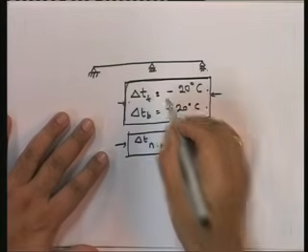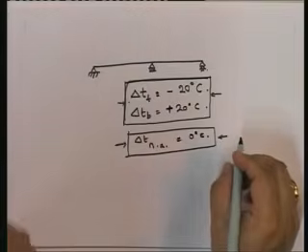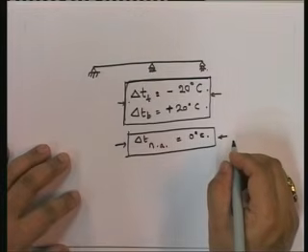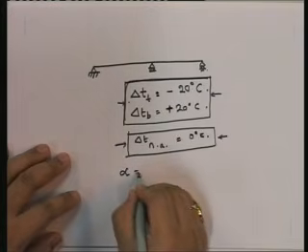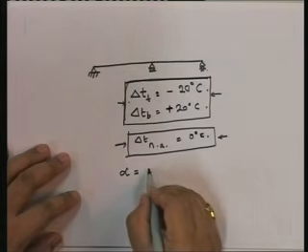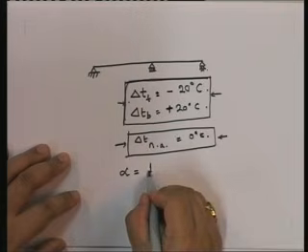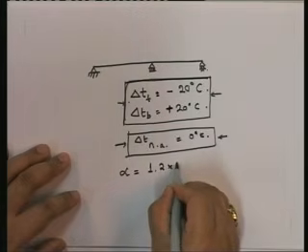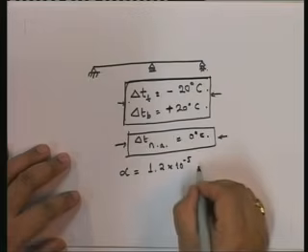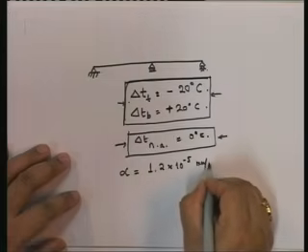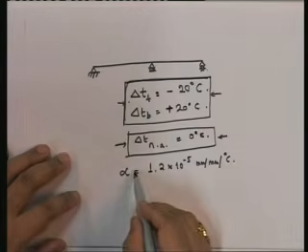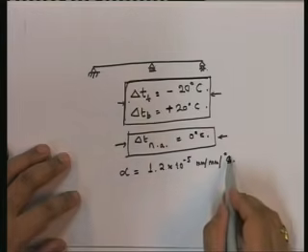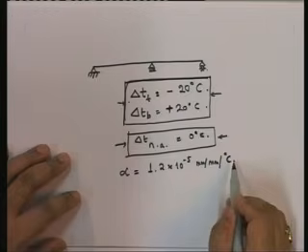And let us try to solve this problem. Let me put a few things in here. I am going to say that alpha is equal to 1.2 into 10 to the power of minus 5 per degree centigrade. Note that it is strain per unit temperature.